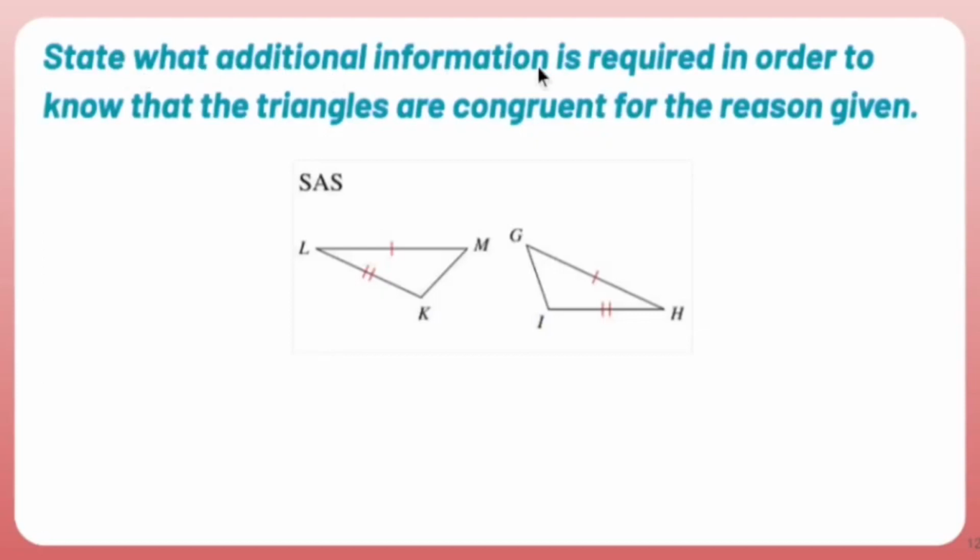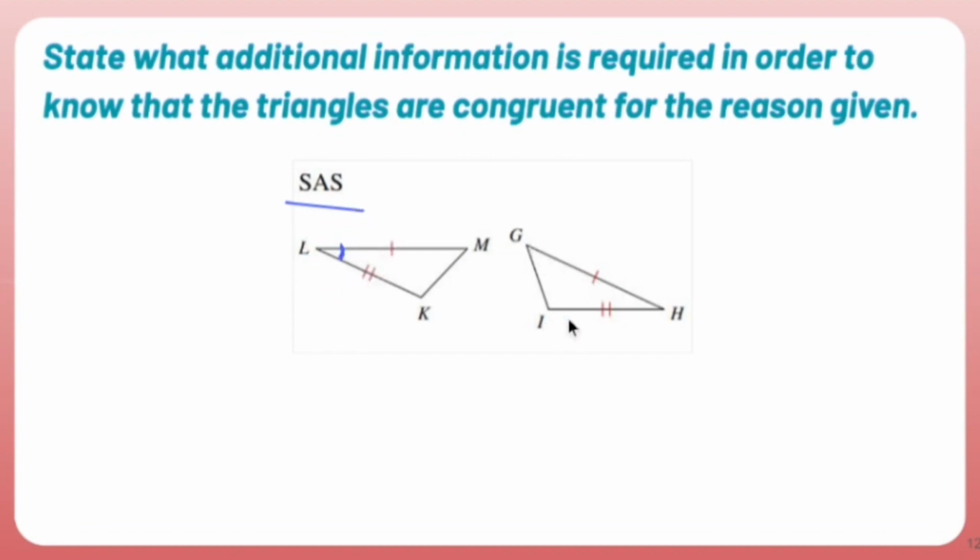State what additional information is required in order to know that the triangles are congruent for the given reason. So I need to prove that these 2 are congruent by SAS. SAS is called SAS because you have a side and an angle in between and a side. So if these 2 sides are congruent, the angle that I have to draw must be in between the 2 sides, the included angle.